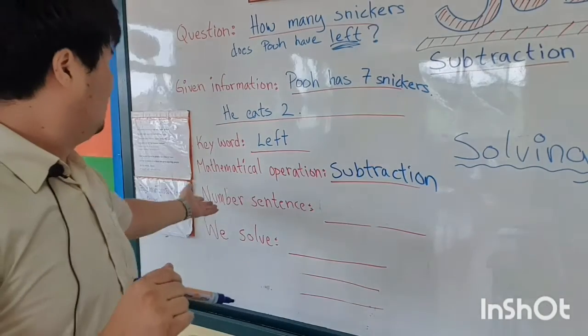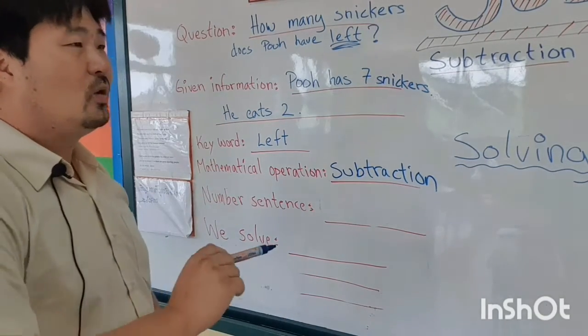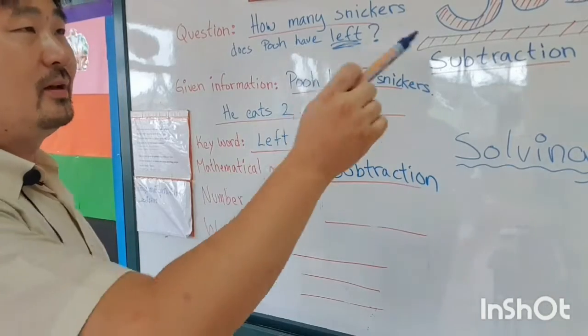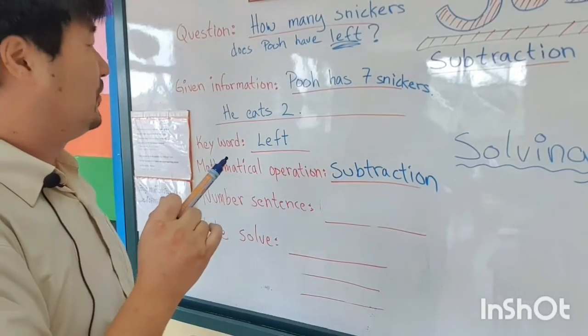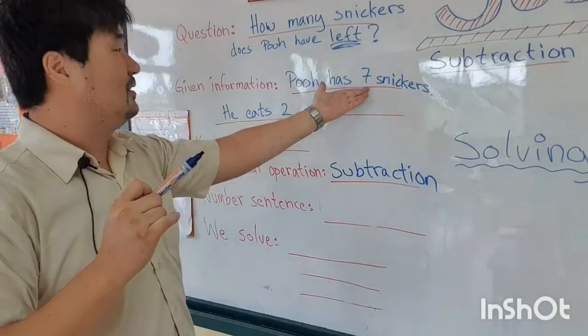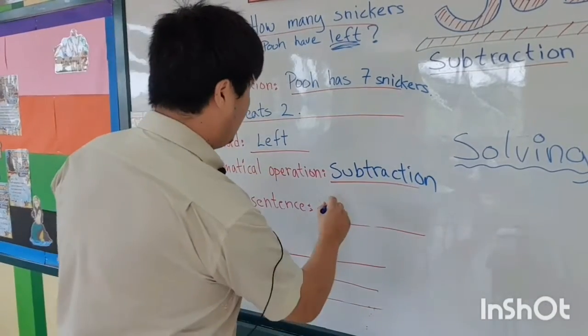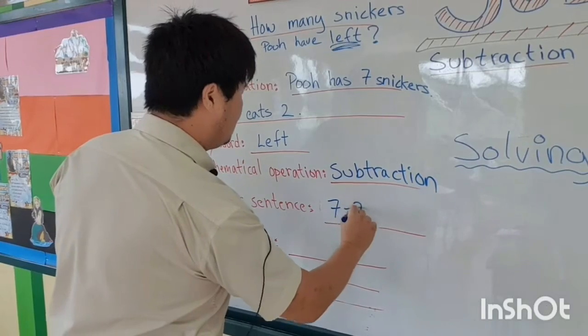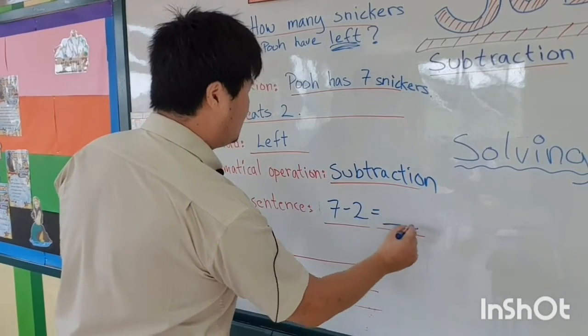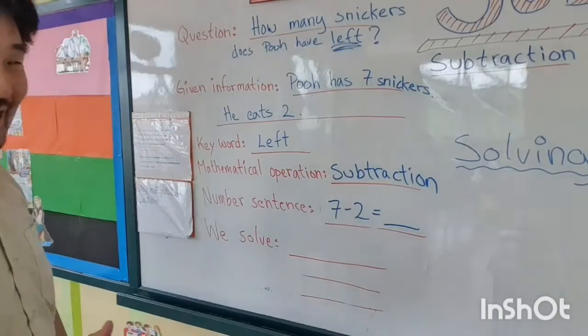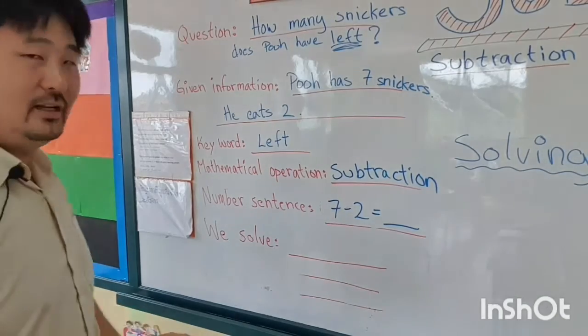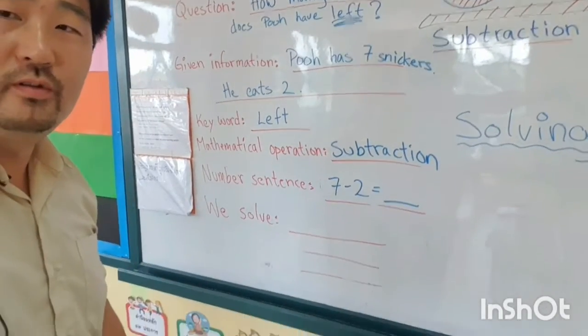Okay, so now what's the number sentence? What numbers do we have from the word problem itself? We have 7 and we have 2. Alright, so 7 minus 2 equals. Okay, and then we go down to solve.